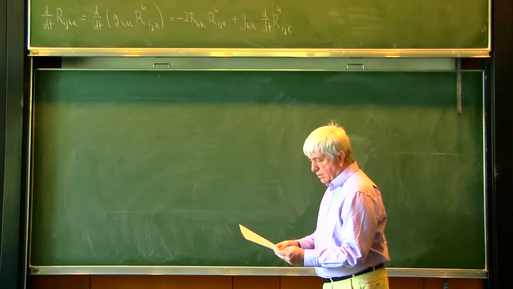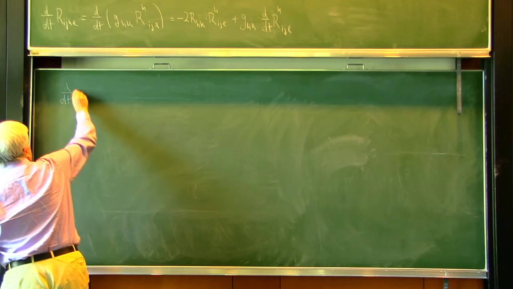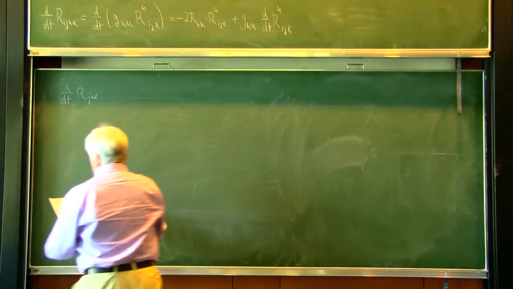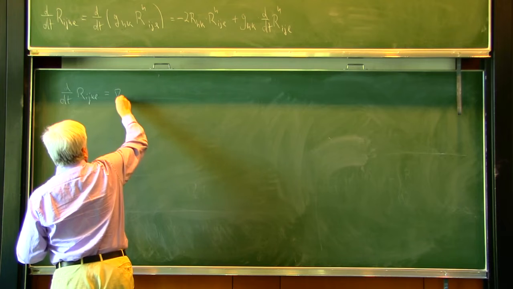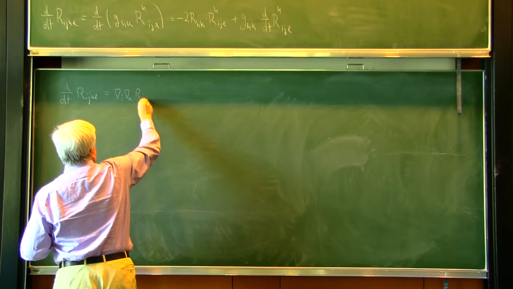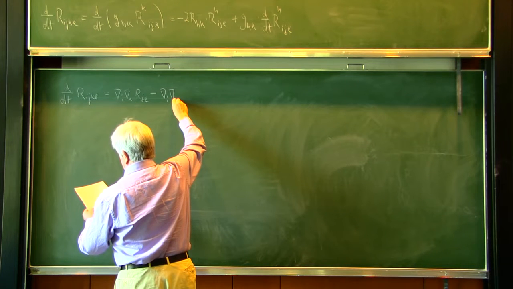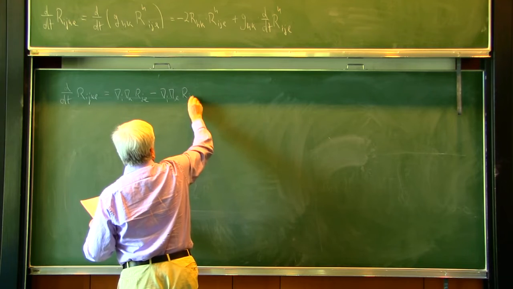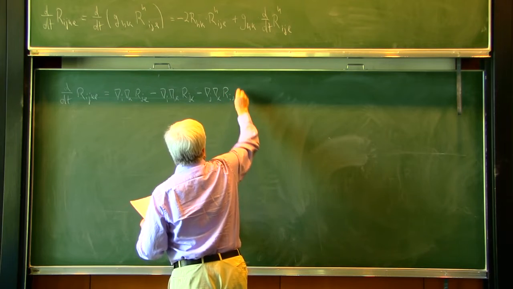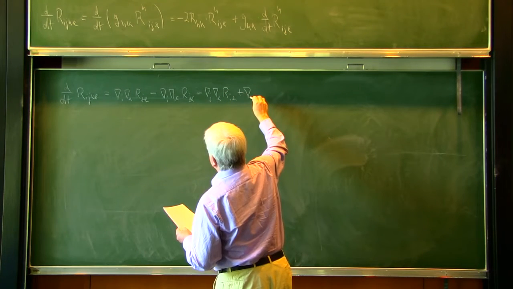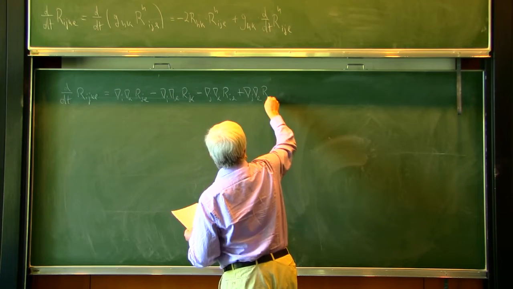Putting these two formulas together, we end up with d/dt of R_{IJKL} is equal to gradient I gradient K R_{JL} minus gradient I gradient L R_{JK} minus gradient J gradient K R_{IL} plus gradient J gradient L R_{IK}.